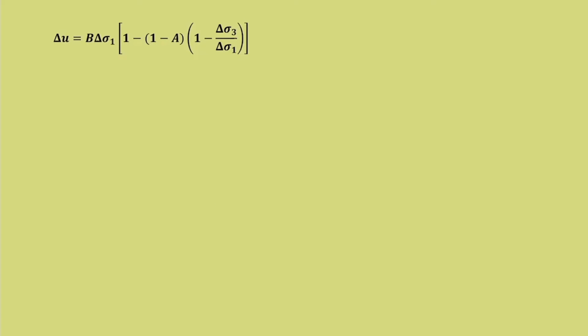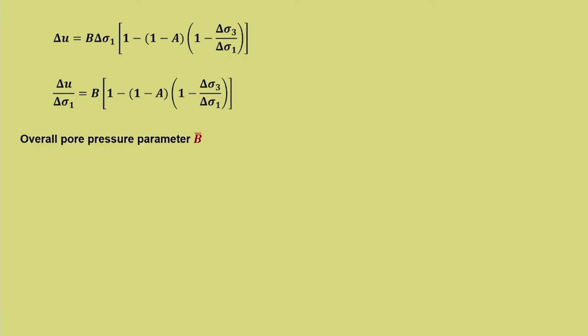Again, you can take delta sigma 1 outside. When you take delta sigma 1 outside, here it will become 1 and here it will become 1 minus delta sigma 3 by delta sigma 1. So, delta u by delta sigma 1 is equal to B into [1 minus (1 minus A)(1 minus delta sigma 3 by delta sigma 1)].